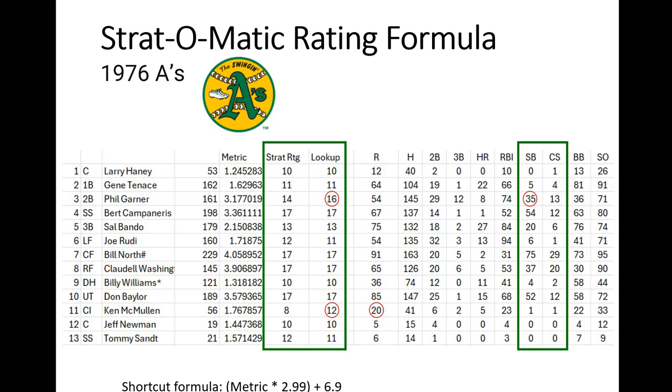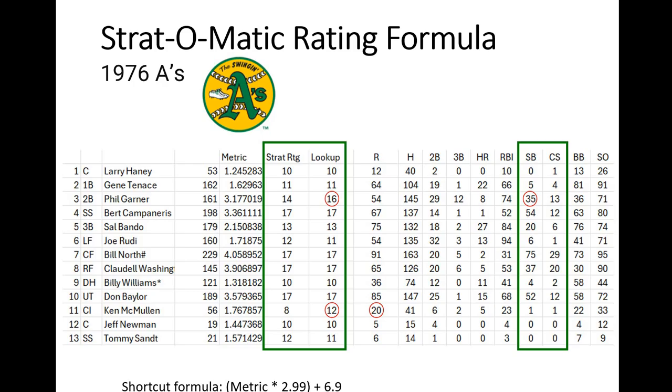I will say you can shortcut this formula and not use the lookup table. If you just take the metric, multiply it by 2.99 and add 6.9, you're going to get a rating that's very close to what the lookup table gives you.